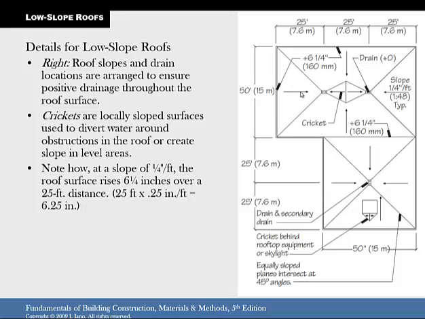Now for this roof, you're going to do it at 3/8 inch per foot, and you're going to do the same thing we did on number 1, except with 3/8 inch per foot, and figure out the high points. And then finally it says modify the roof plan so that the slope of the cricket matches the typical slope. Either way would be fine in the end, but you would redraw these lines to match the slope of the rest of the roof. And I'm just going to see if you can figure that out.